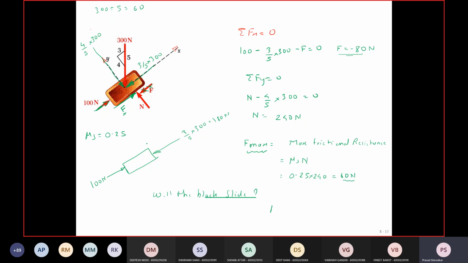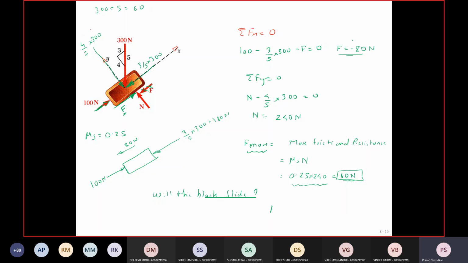Right. So the resultant force acting on this block is 80 newtons. So it is not in equilibrium. The resistance that should be offered by this surface should be at least 80 newtons to stop this block. But the maximum resistance this surface can offer is only 60 newtons.